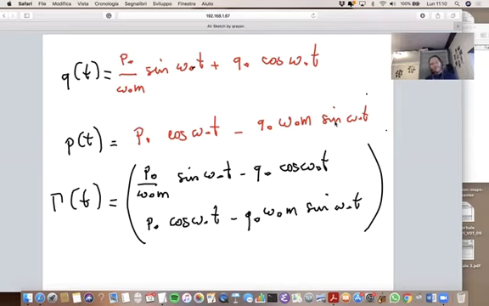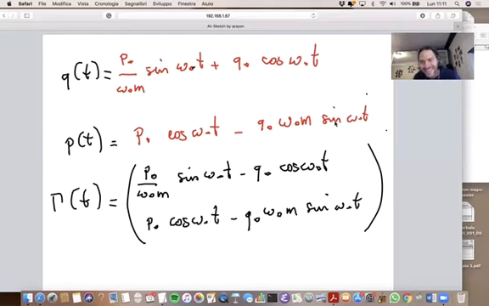Now you should ask, well, fine, we have found two functions, linear combinations of two functions that do the job. The second derivative of this linear combination returns the same initial function up to a negative constant.